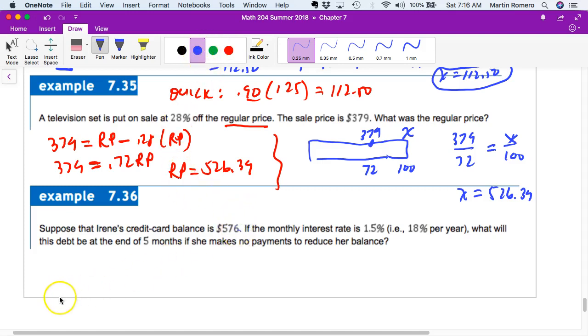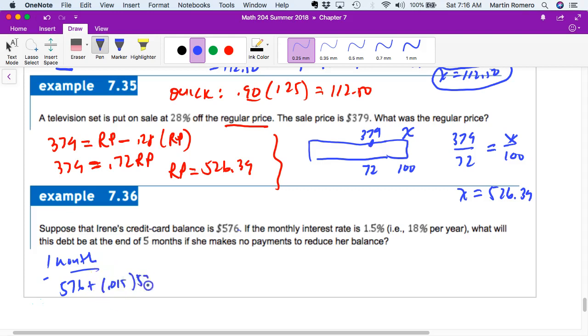We know that if I wanted to find her balance after 1 month, it's going to be 576. After 1 month, it's going to be 576 plus 576 times 1.5% of 576.